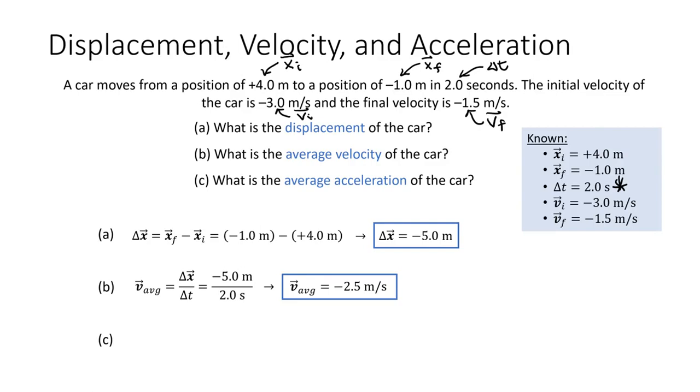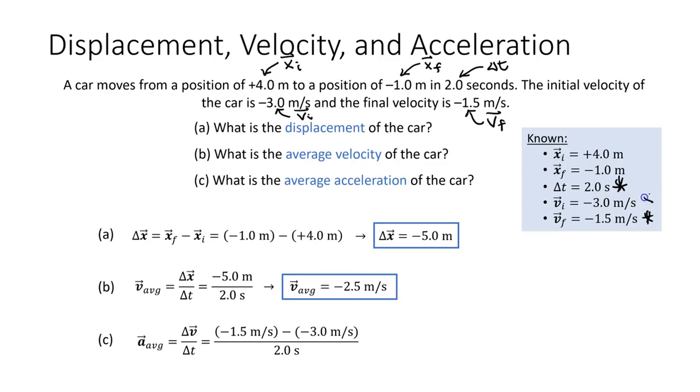Okay, last one, what is the average acceleration? So remember, average acceleration is defined as the change in velocity over the change in time, the elapsed time. So our velocity was measured over that 2-second time interval, right? So the initial velocity was measured at the beginning, and then the final velocity was measured 2 seconds later. So I would say that my average acceleration over that 2-second time frame would be -1.5 meters per second, that was my final velocity, minus 3 meters per second, right?